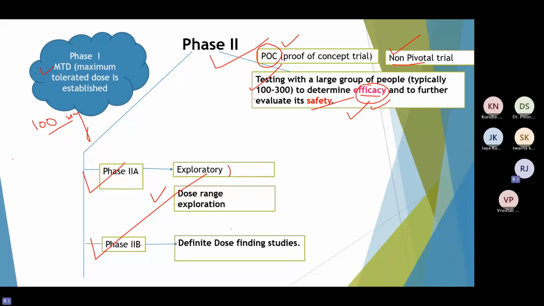So it's very linear. In phase 1 we determine the maximum dose person can tolerate. After knowing that, we try to test the different dosing to determine the best drug which is showing effect, in phase 2.